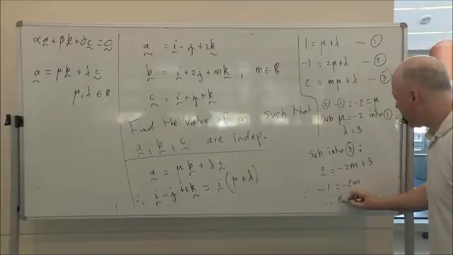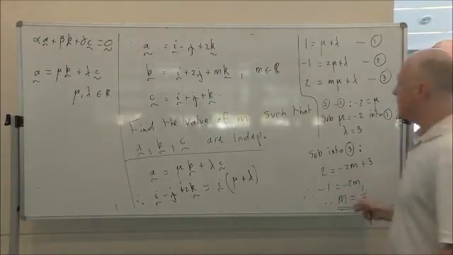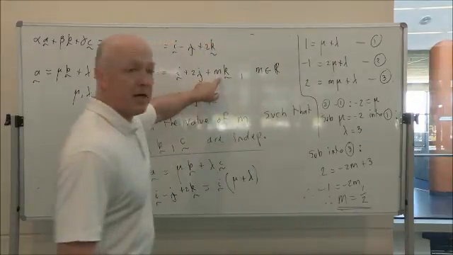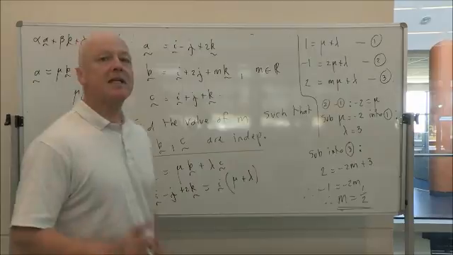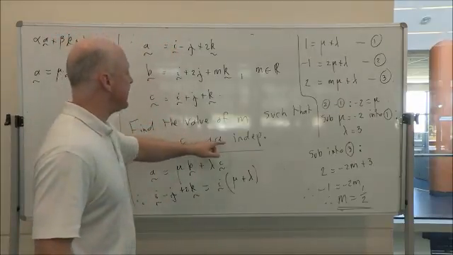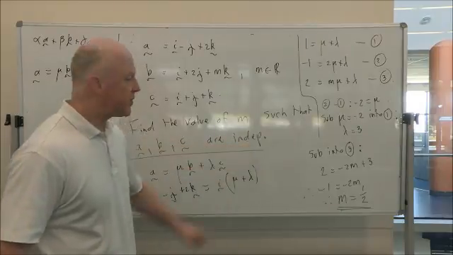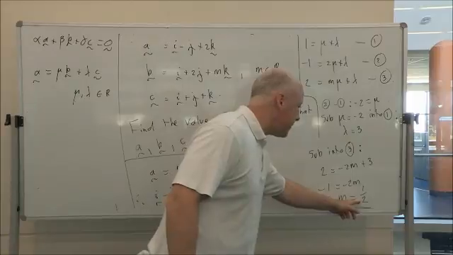So therefore my m is equal to 1/2. In other words, if m is equal to 1/2, these three vectors are going to be linearly dependent. I want the values for which they'll be linearly independent. So in fact, I want every value of m except for this one.